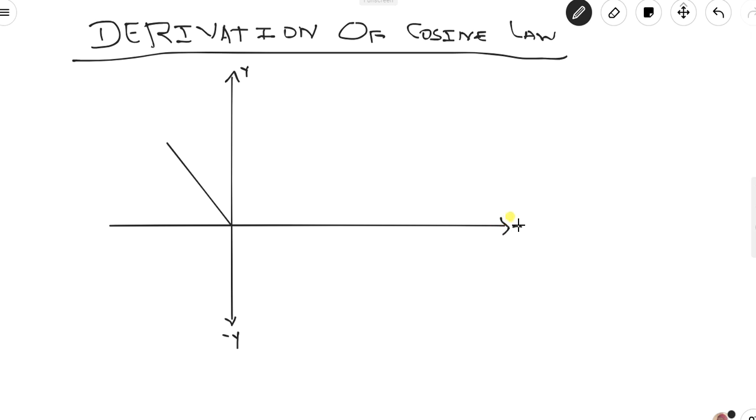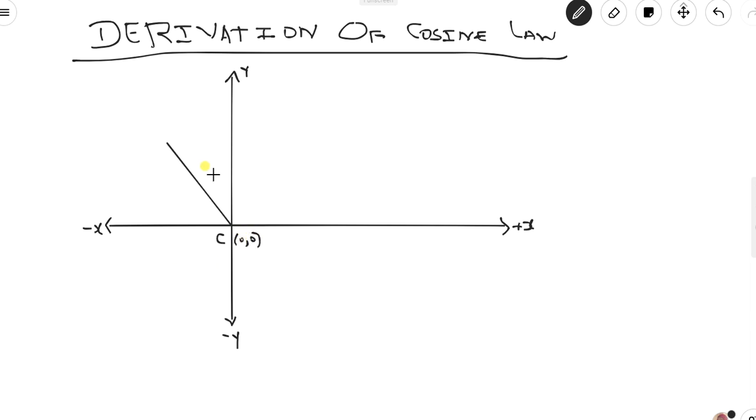That's the conventional positive x, that's negative x. And this is our origin, 0. We are going to represent this origin as the vertex C, because this line segment is actually one of the sides of a triangle. So the coordinates of this vertex C are 0 and 0 because it lies at the origin.